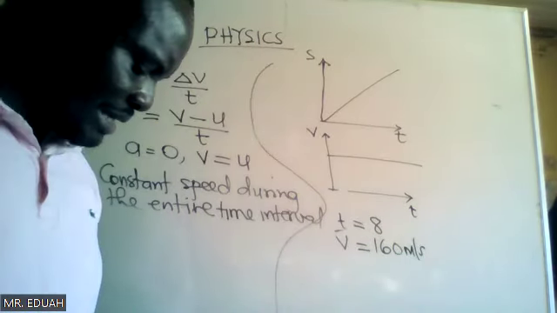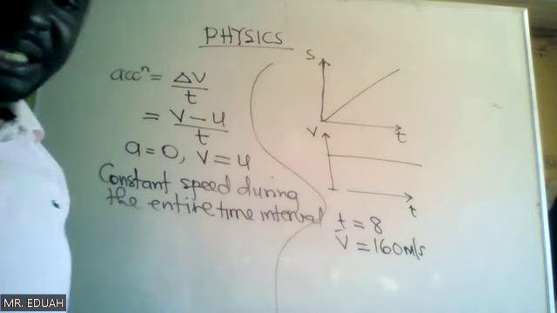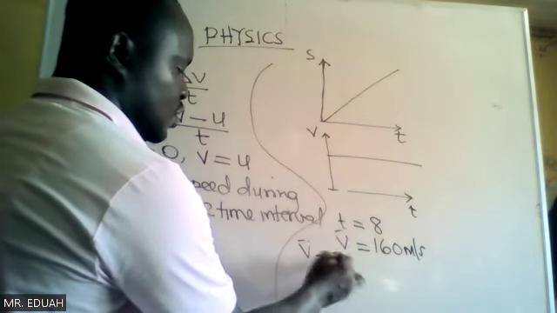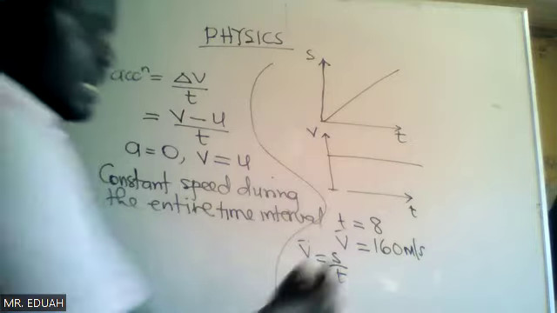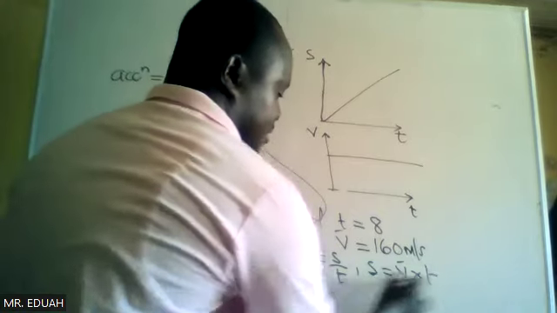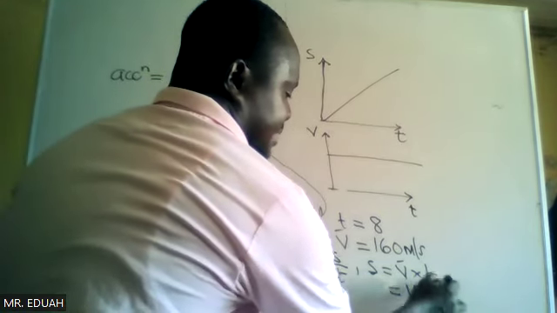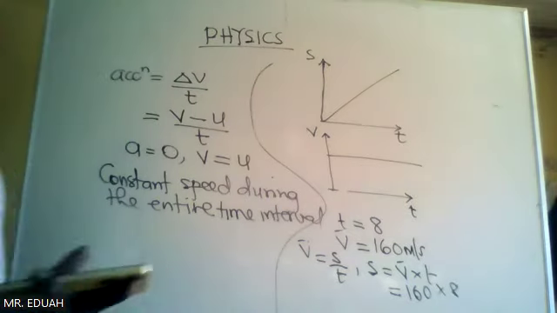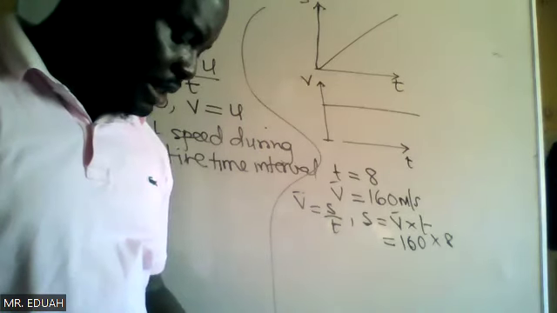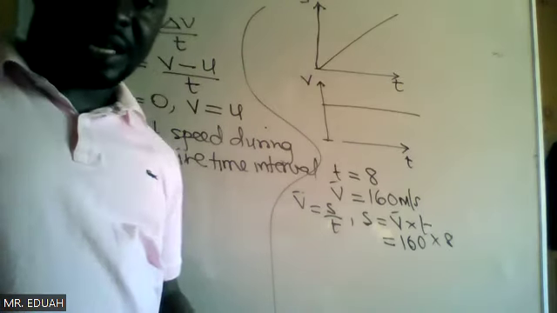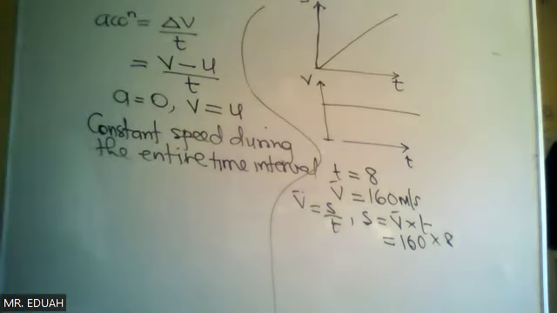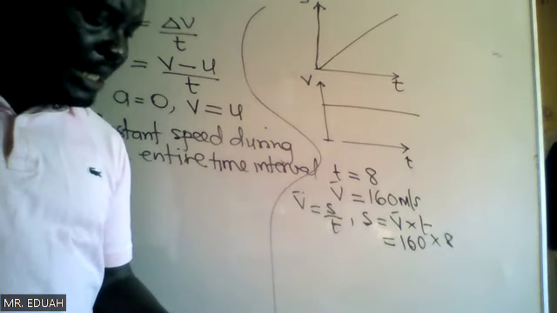The distance traveled by the object is, since average speed is equal to total distance over time, the total distance will be equal to v average times t. So 160 times 8 must give us the total distance traveled. And I think here it is option 3, 1,280 meters.